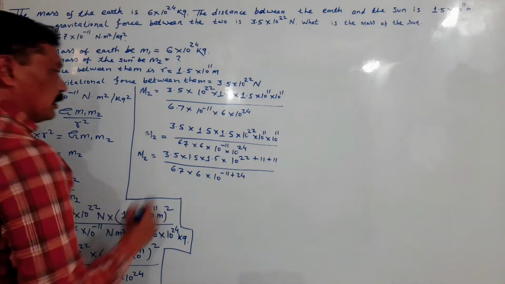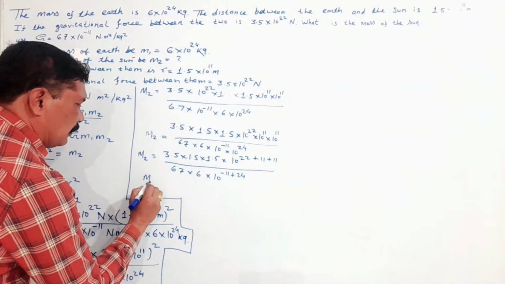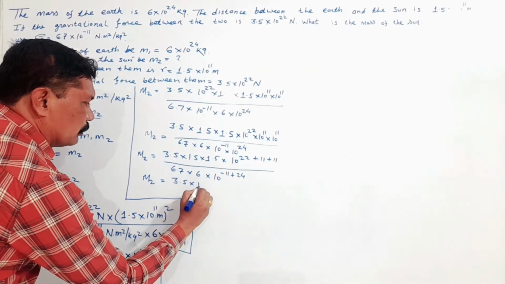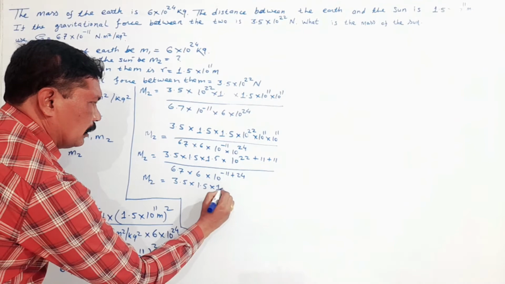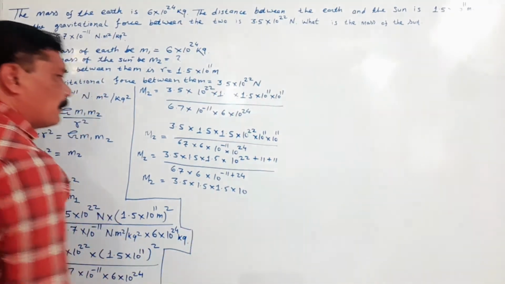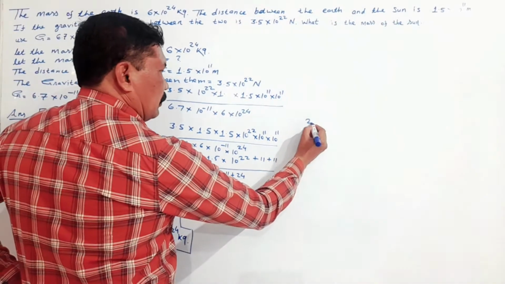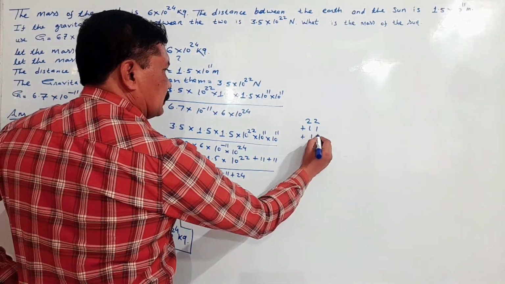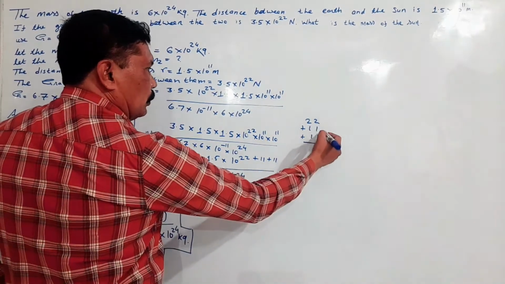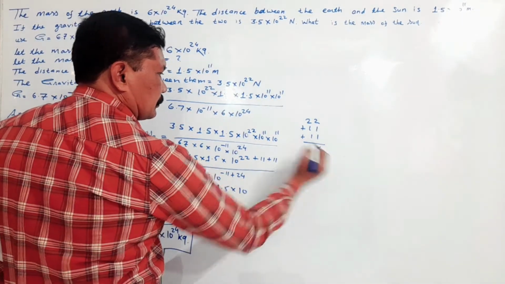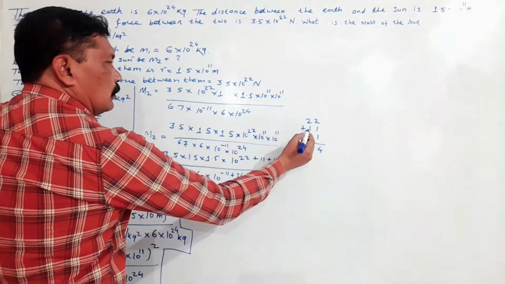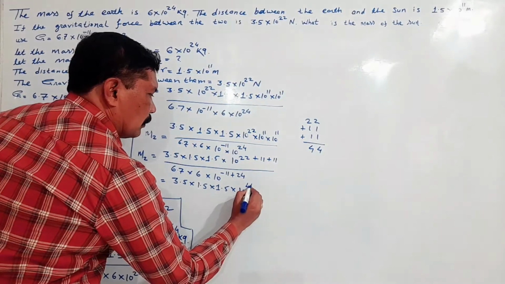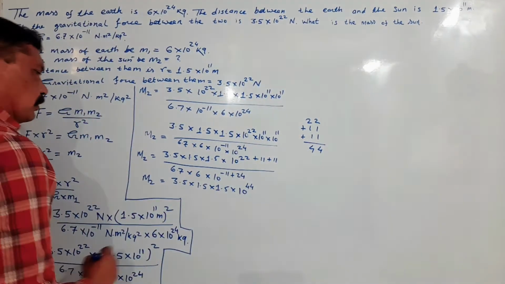So my dear student, if we add, m2 is equal to 3.5 into 1.5 into 1.5 into 10, and if we add 22 plus 11 plus 11, we get 44. We will get 10 to the power 44.